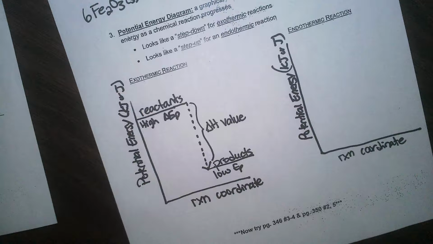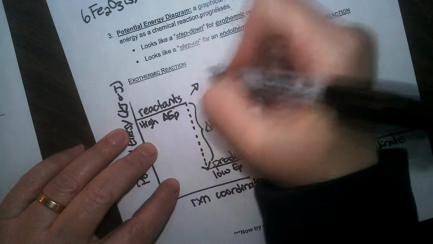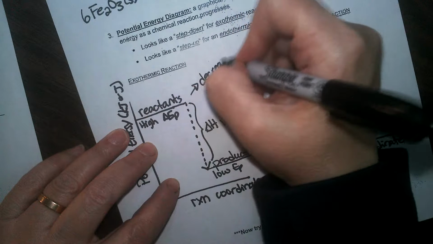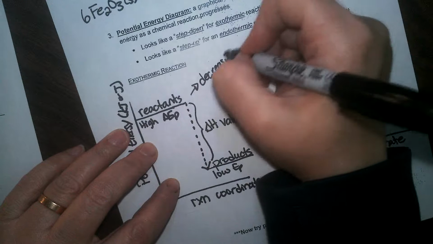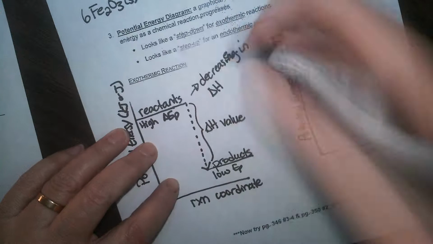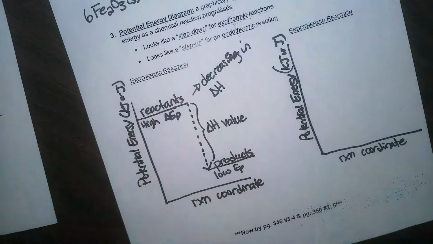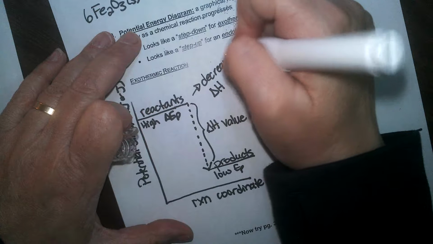Pardon me? Okay. You're good? Okay. And then what we can say, though, is that the decreasing value, the decrease in delta H, no, that's what we resulted. Oh, my word. Let's start over.